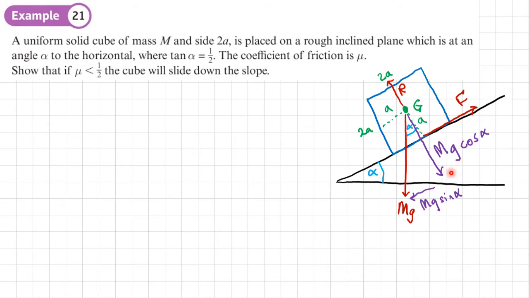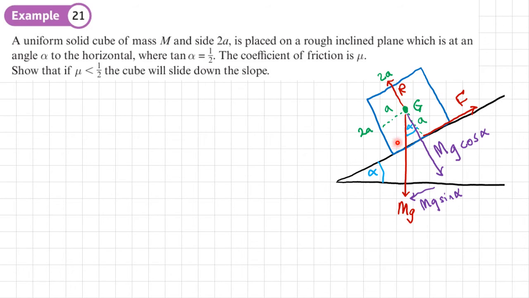So here's my diagram showing everything that's in the question. My uniform cube of side 2a, the angle here of alpha, and tan alpha equals 1/2. I have the weight of the cube acting from the very center of the cube. We know that because it's uniform, the center of mass is going to be at the center of it.